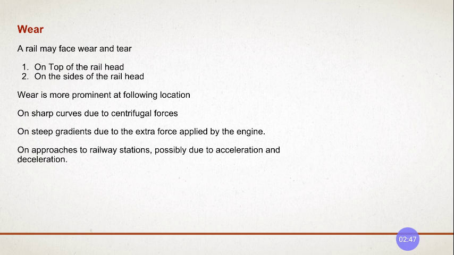When the train comes to the station, either it starts from there or it stops at the station. When it is trying to stop, it applies the brakes, so there is continuous wear, because a lot of trains come and go there every day. So wear and tear may occur at the stations also.